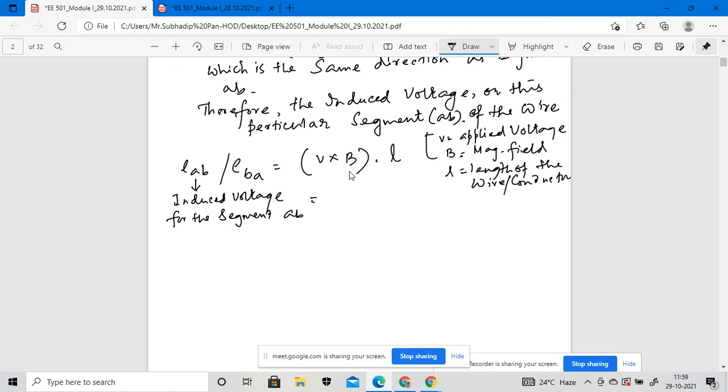Sorry, V is actually not the applied voltage. V is actually the velocity in this case.